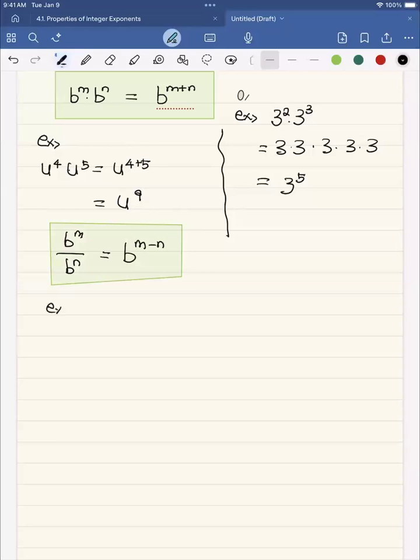For example, if we have y to the 7th power over y squared, then that is y to the 7 minus 2. So that is y to the 5th power.